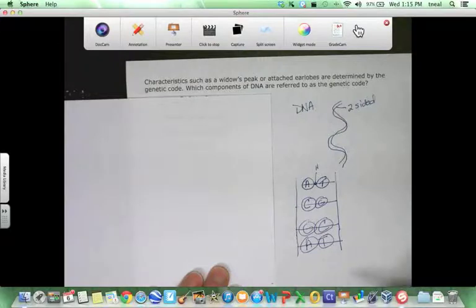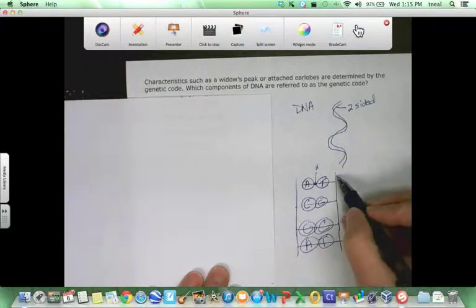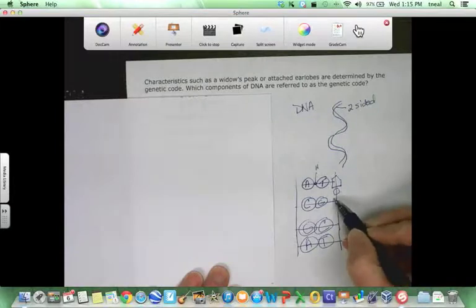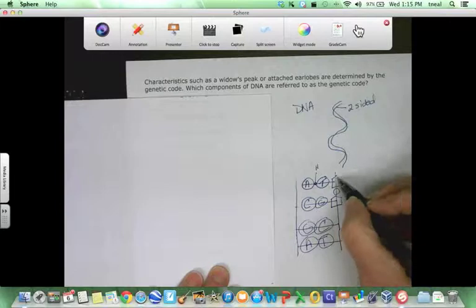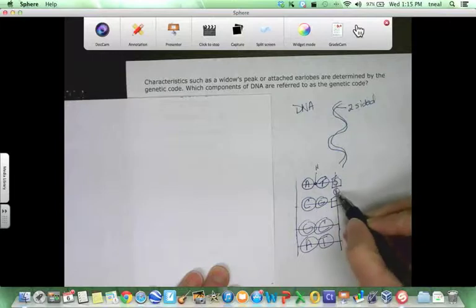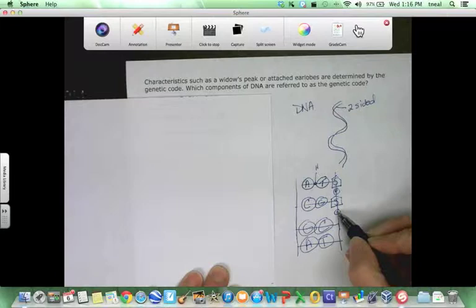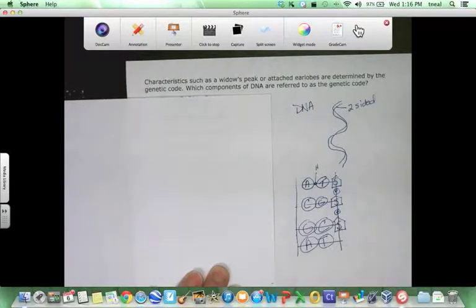The other thing that I kind of remember was that on the sides of the ladder there were other molecules, and that was sugar, phosphate, sugar, and they alternate. Phosphate, sugar, phosphate, sugar, all the way down the side, and I have that on the other side as well.